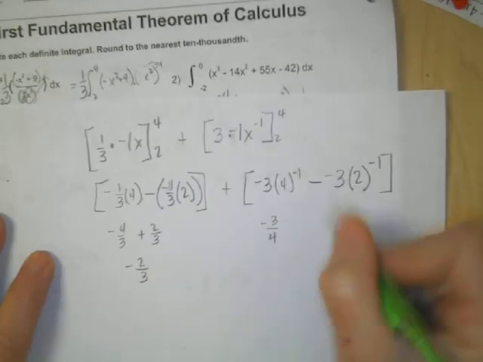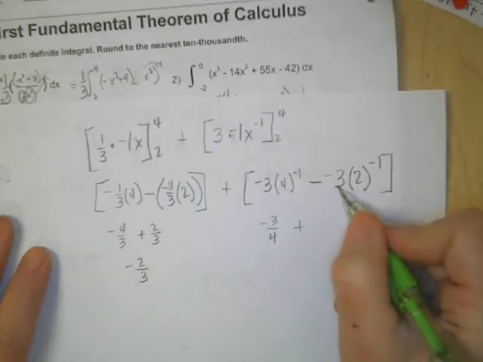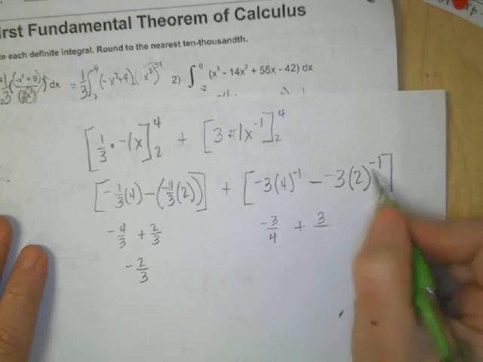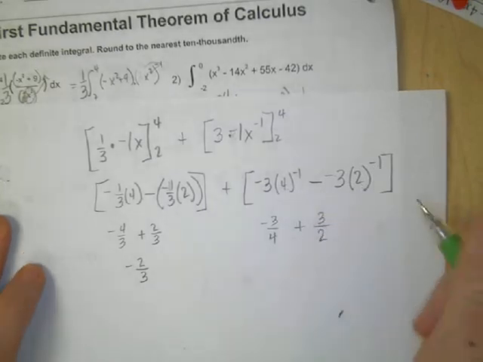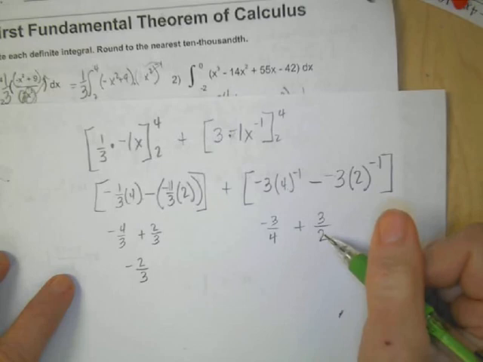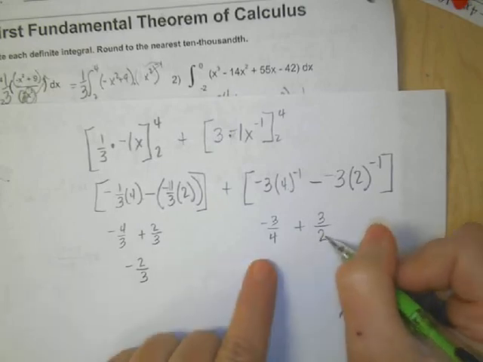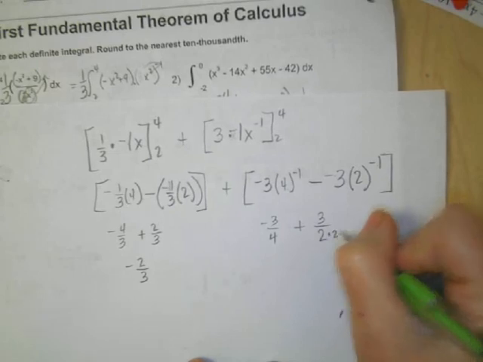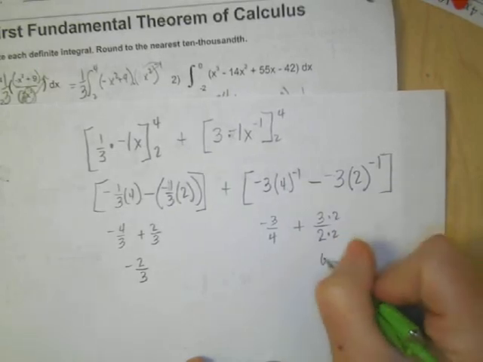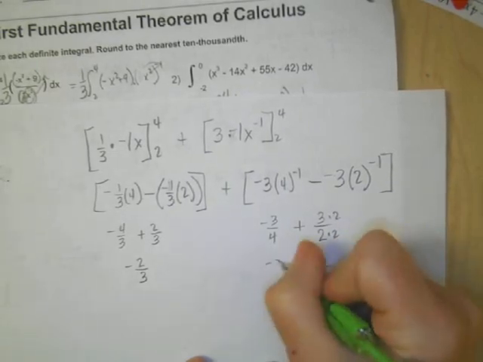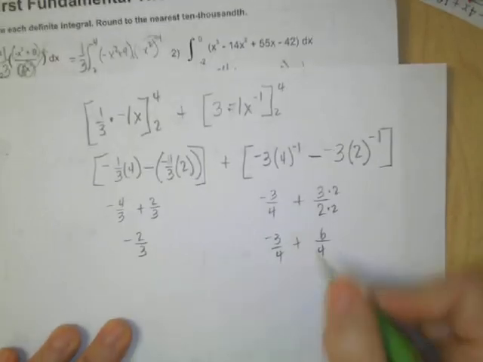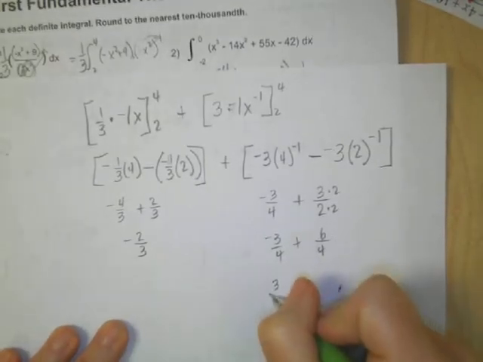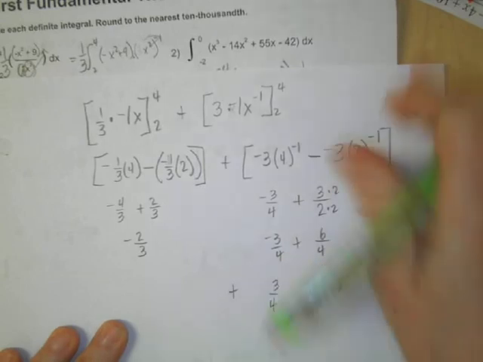Negative times negative gives me a positive, so it's going to be positive 3 and 2 to the negative 1. 2 goes to the bottom. Oh, I do not have a common denominator here, so I'm going to have to multiply this one by 2. So this one is 6/4 plus negative 3/4, which gives me 3/4. So positive 3/4.